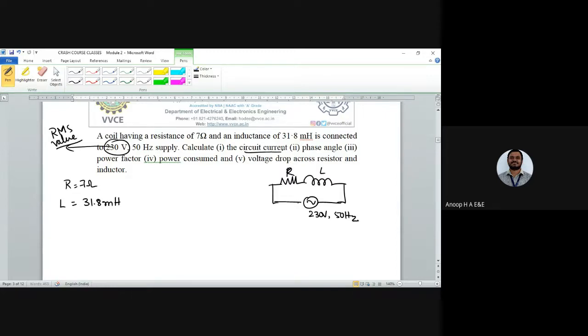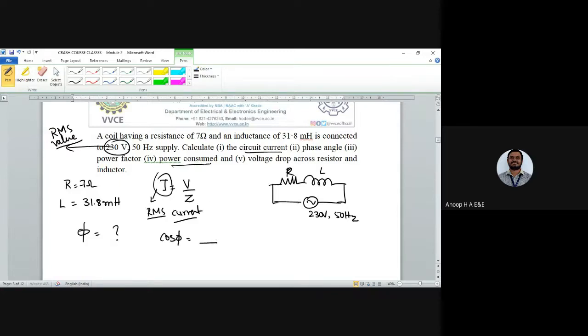When I say circuit current, you need to find the current using V divided by Z, and the current is said to be the RMS current. The circuit current, if I simply write it, is the RMS current, and angle phi is the phase angle, and the power factor is cos phi.